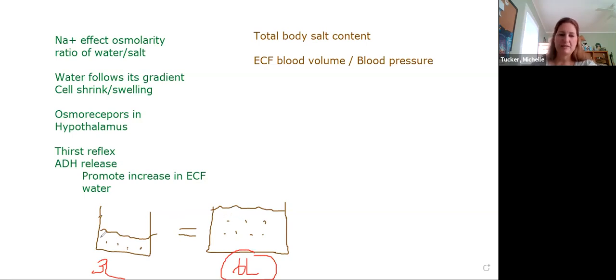So we need to maintain osmolarity so that our cells aren't always shrinking and expanding, and the water balance in between the cells and extracellular stays good. But with total body salt content, we're going to have the correct volume of correct osmotic fluid. So total body salt content is going to be what controls having the right amount of blood volume, because that's what we need for blood pressure.